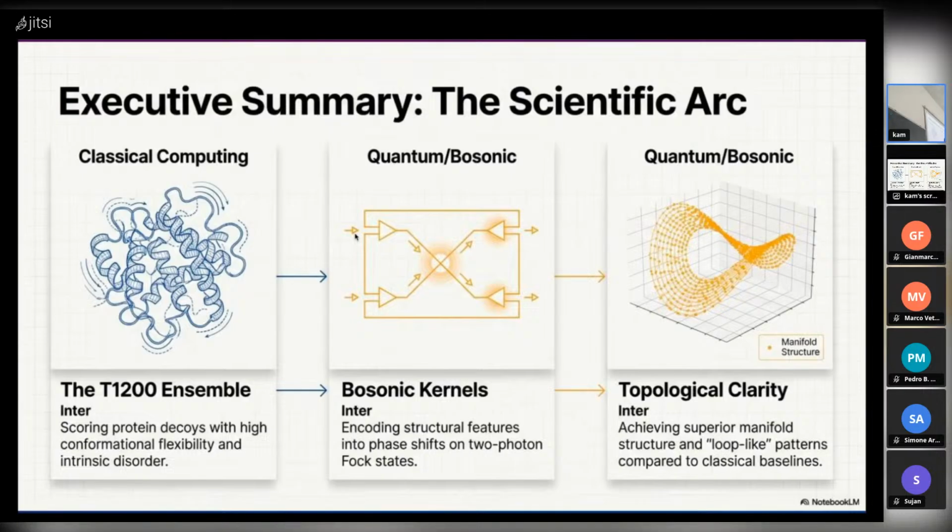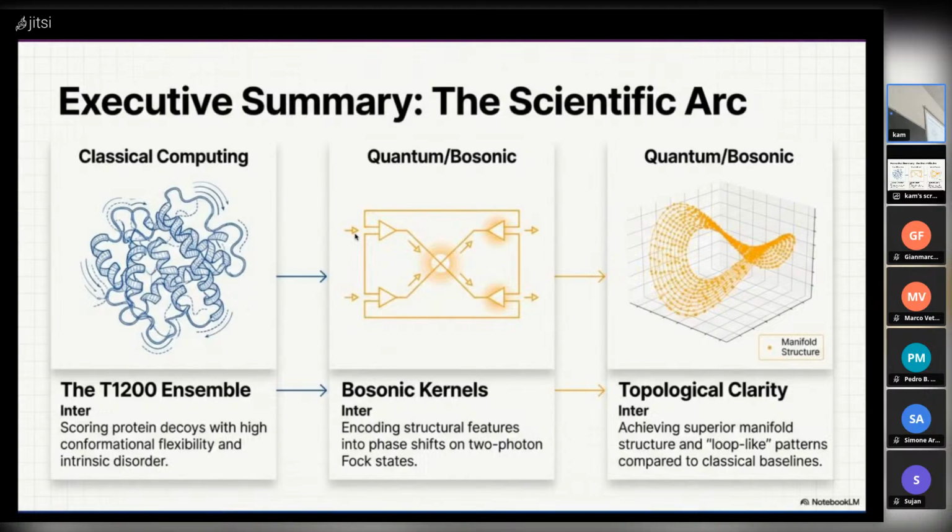You still use the classical training, with all the AlphaFold 3 methods, whatever method, and then you generate many possible configurations, which they call decoys. So when you have, for example, 500 decoys of the same protein, then you can inject them into the photonic quantum kernel method I told you before, and embed all the information, the angle or the position of the atoms, into the beam splitters or the phase shifters of your circuit. Then you can do the scoring.